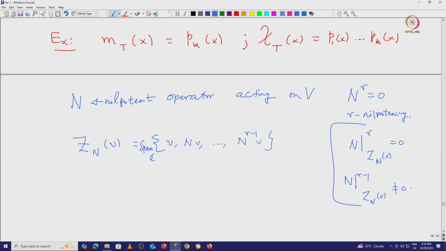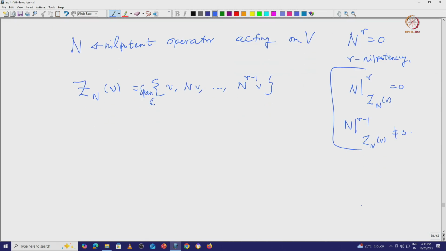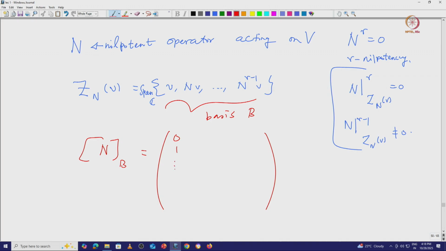Then you can easily prove that this is indeed a basis. So in particular, with respect to this basis, the matrix of the transformation N is going to look like a lower triangular matrix: 0 1 etcetera 0, 0 0 1 etcetera 0, and so on.